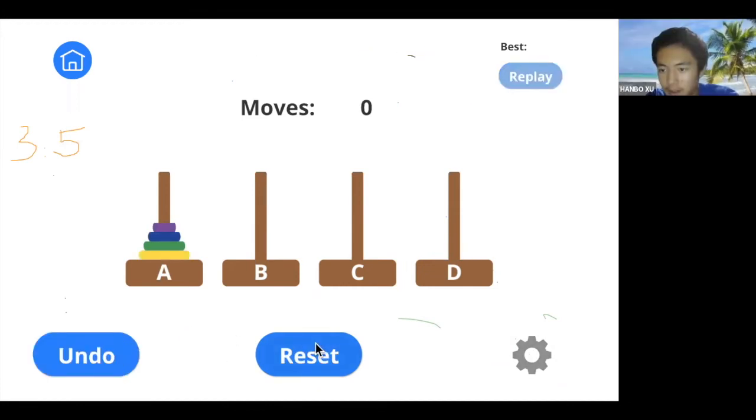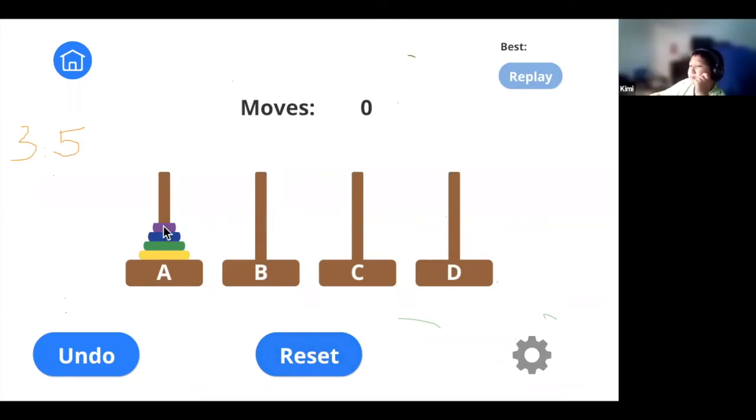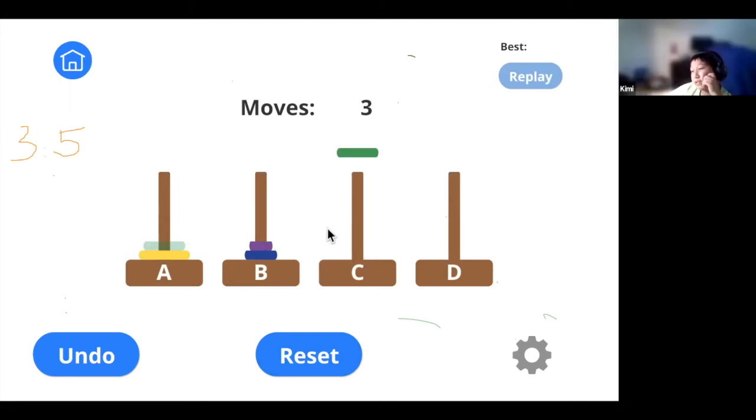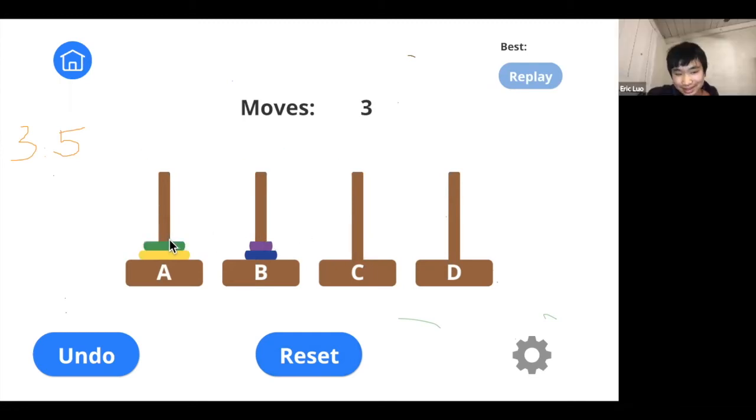Kimmy, you want to give it a try? Sure. Purple ring to C. Blue ring to B. Purple ring to B. Blue ring to C. Oh, you mean green ring? Yeah, green ring.